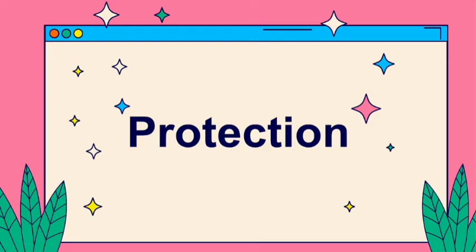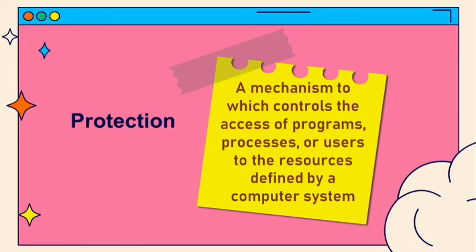Self-protection. What is protection? Protection refers to a mechanism which controls the access of programs, processes, or users to the resources defined by a computer system. We can take protection as a helper to multi-programming operating systems so that many users might safely share a common logical name space such as directory or files.